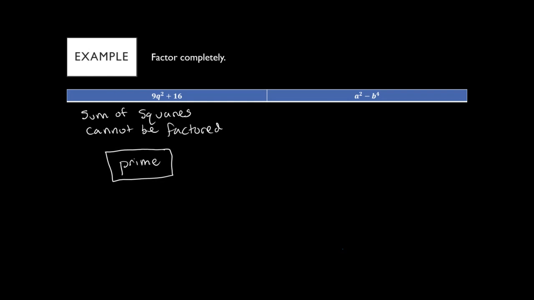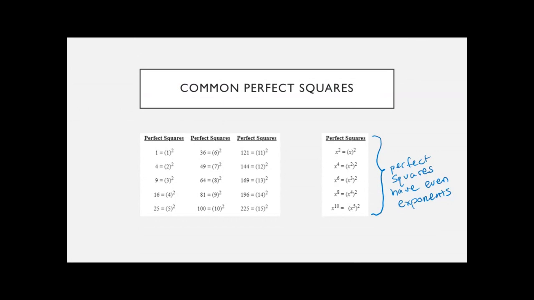So now on the right, I've got a squared minus b to the fourth. So we've got something squared with the a. Now b to the fourth is b squared squared, because we go back to that table of perfect squares, x to the fourth is x squared squared. So if you have something in a fourth, then it's a square that's going to be underneath the square. You divide that exponent by 2.